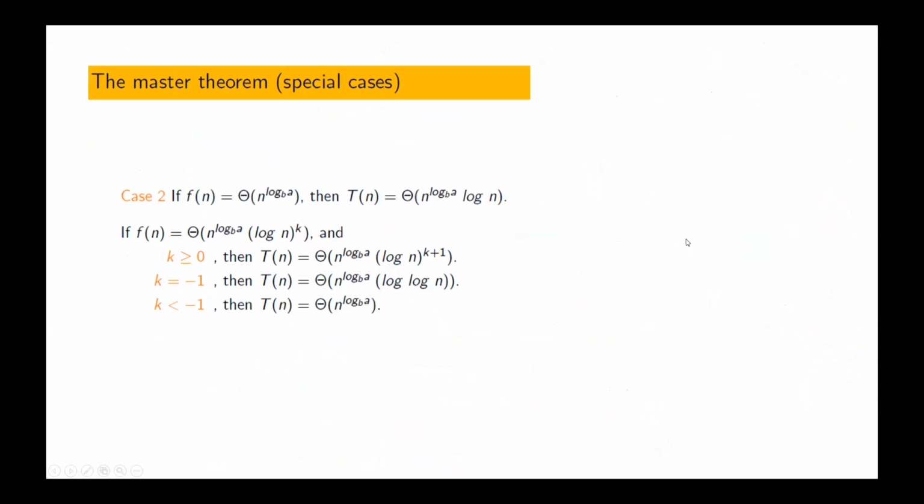Okay. Now let us say third example, T of n is 9 times T of n by 3 plus n square. Please, all of you do it and tell me what is the A value, B value, f of n.